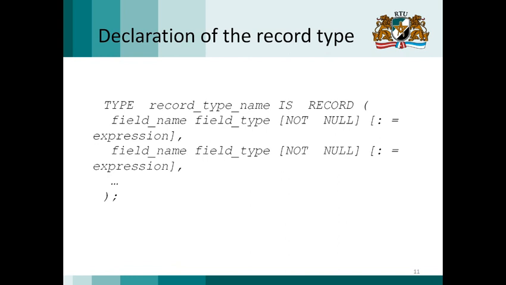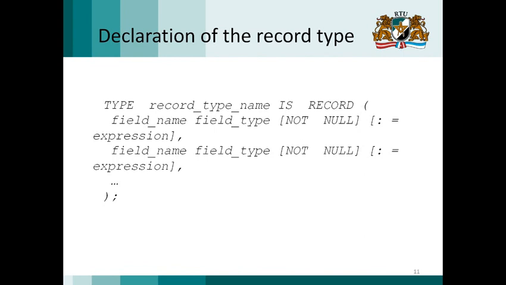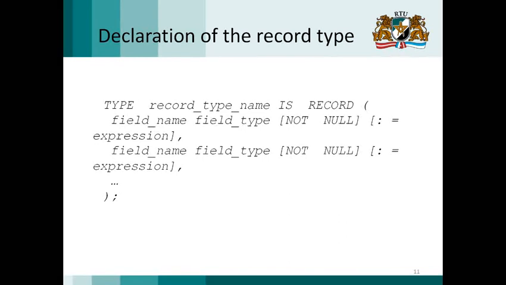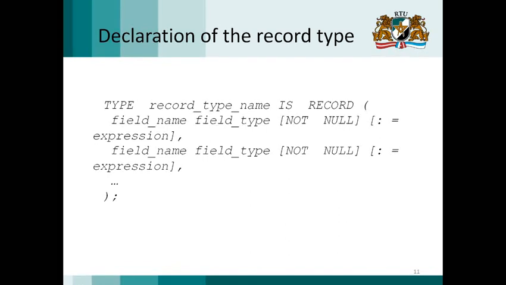We can also assign some constraints or default values. If we wanted to have, for example, a type person with fields name and surname, we would have a record of something like this.